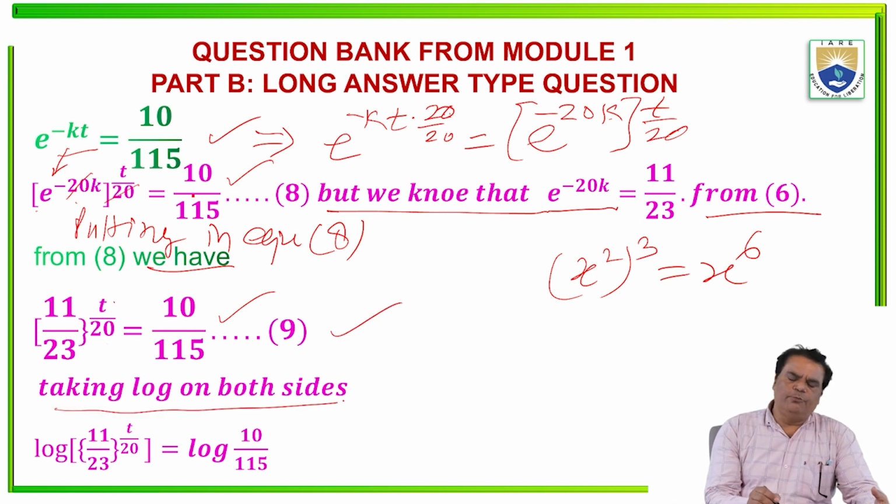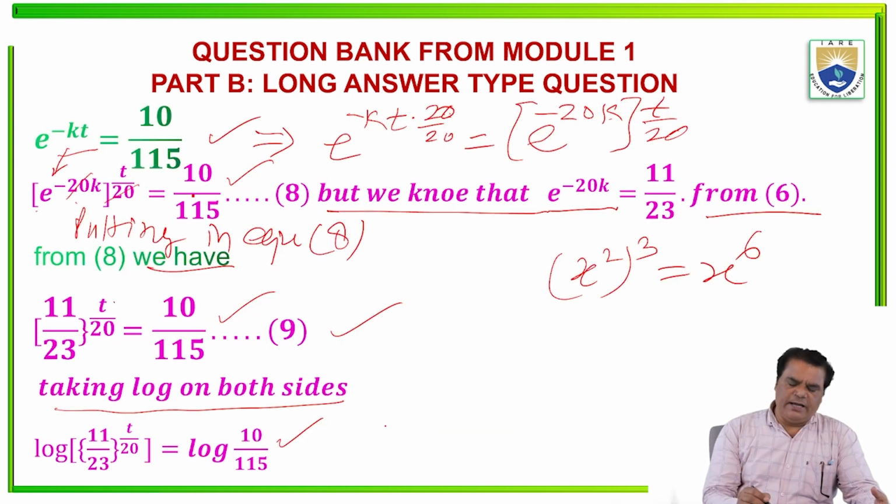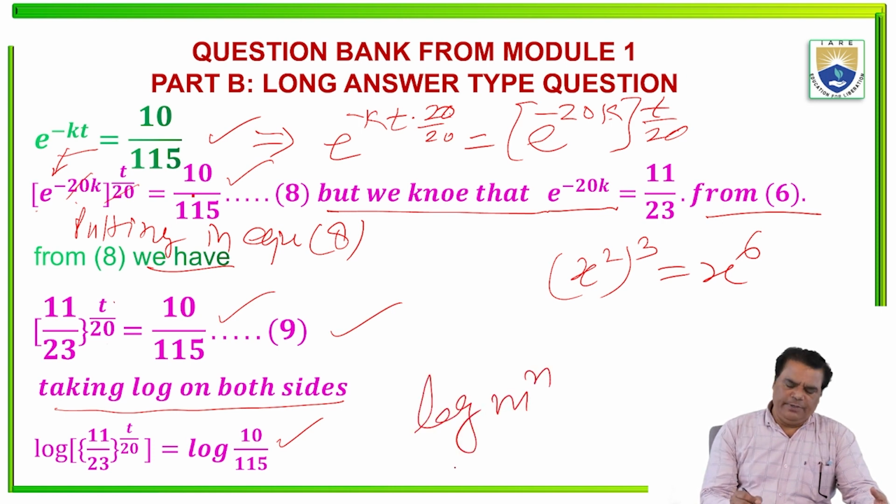Now taking log on both sides. So log of 11 upon 23 whole to the power t upon 20 equals log of 10 upon 115. Now here we apply the formula log m to the power n equals n log m.